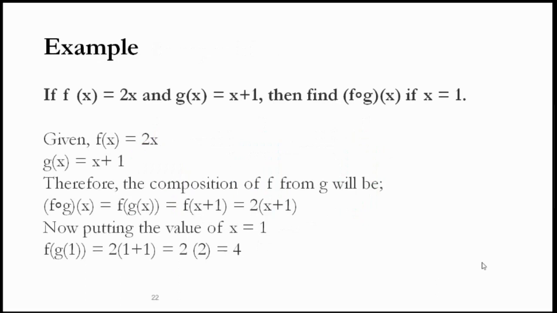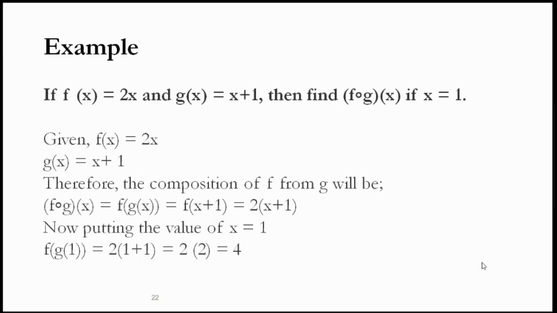And here is an example in mathematics you might have studied. f of x is equal to 2x and g of x is equal to x plus 1. Find f composition g of x if x is equal to 1. So f composition g of x is equal to f of g of x, that is f of x plus 1. Now this x plus 1 will be substituted in the function f of x, because g of x is equal to x plus 1.